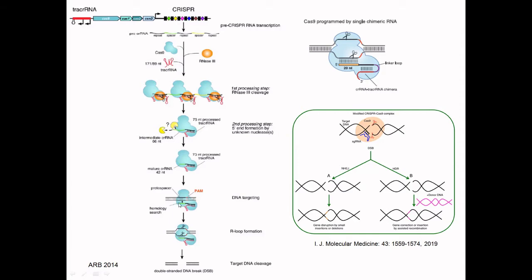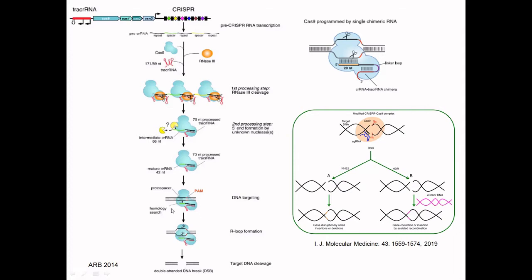After it hybridizes, the nuclease recruits itself and sits at the protospacer adjacent motif, and it cuts the DNA 3 nucleotides upstream of the PAM, making a double stranded break. So this plasmid DNA or viral DNA is cut into two pieces because of the double stranded break.